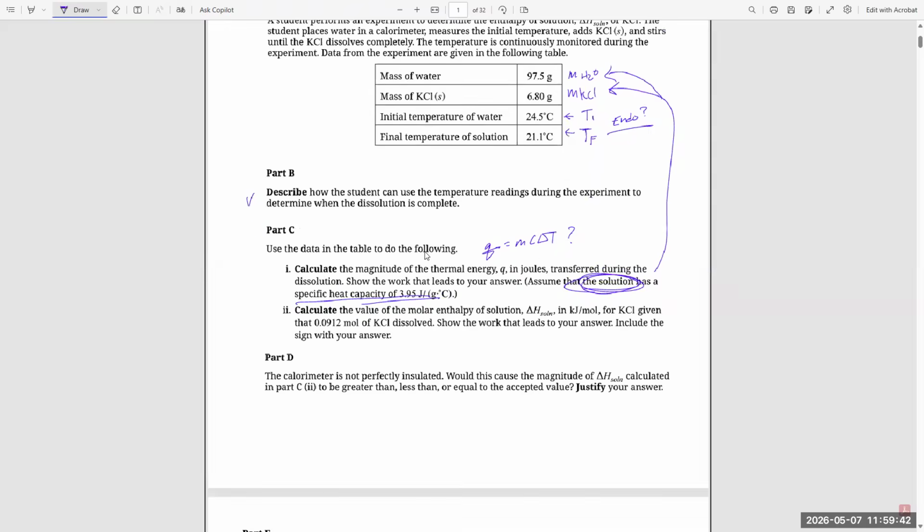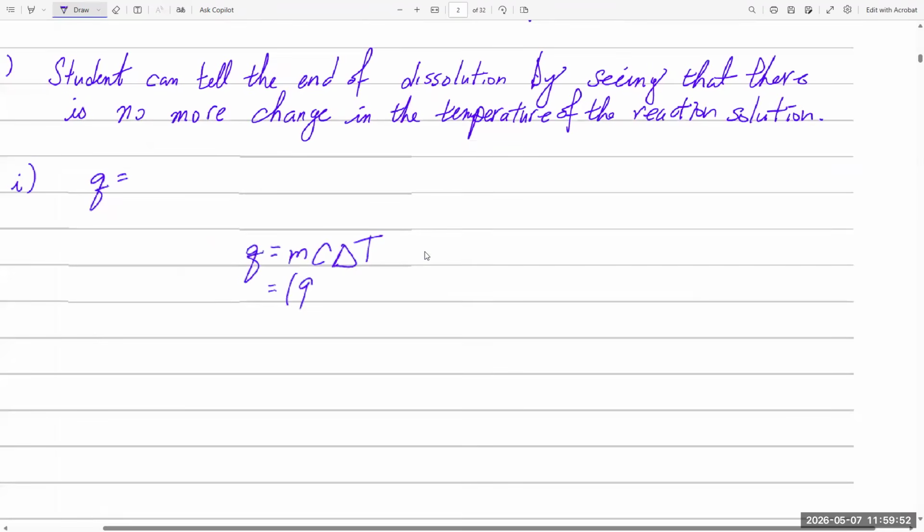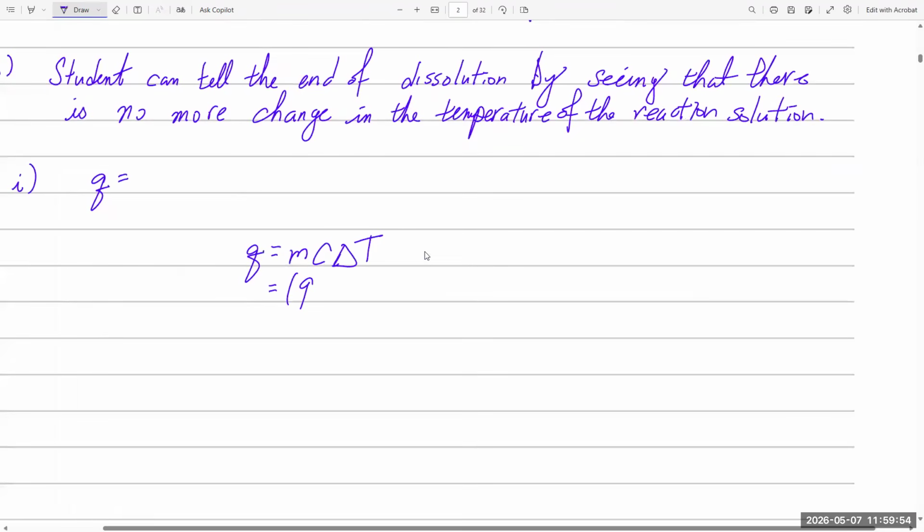So I'm going to try to remember that as I scroll here. We know the mass is going to be 97.5 grams plus our potassium chloride, which is 6.80. Our specific heat capacity that they gave us is 3.95, I believe, joules per gram degree Celsius.